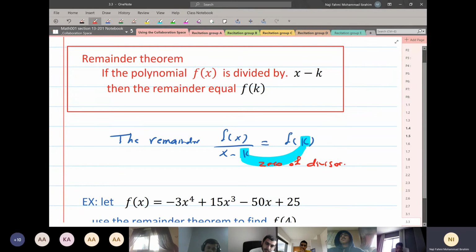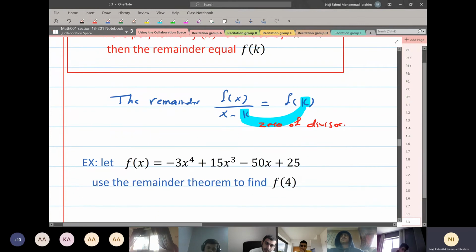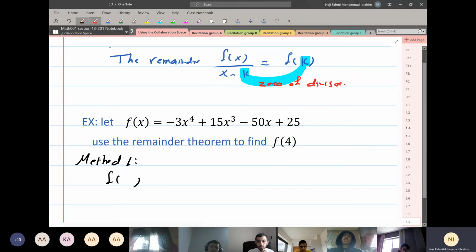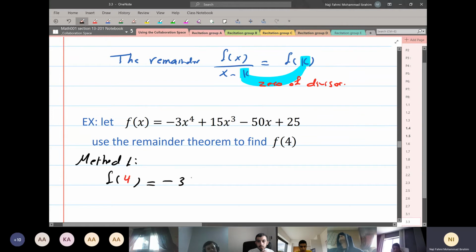Let's take some examples to understand this better. Read this one. What does it say? Let f of x equal this value. Use the remainder theorem to find f of 4. I will go to method 1 now. He's asking me to find f of 4. But before this theorem, we used to substitute 4 to find the answer.